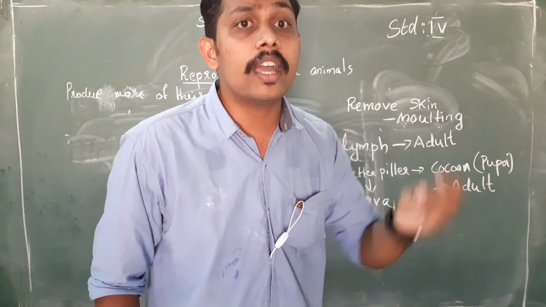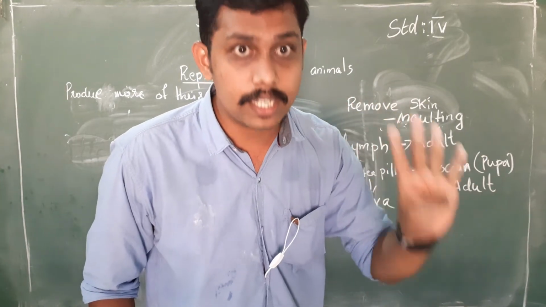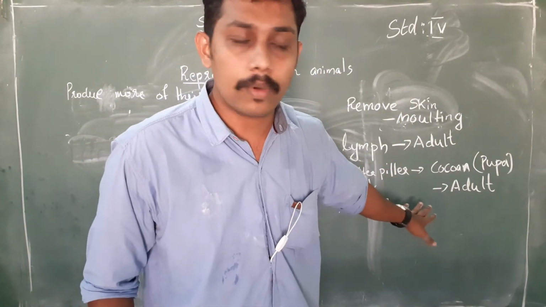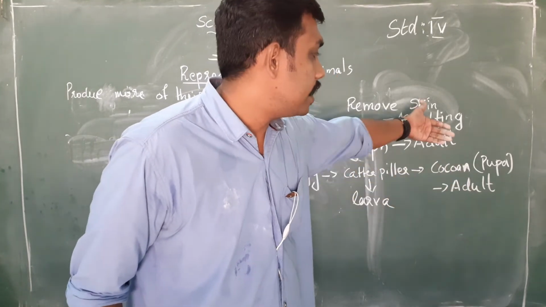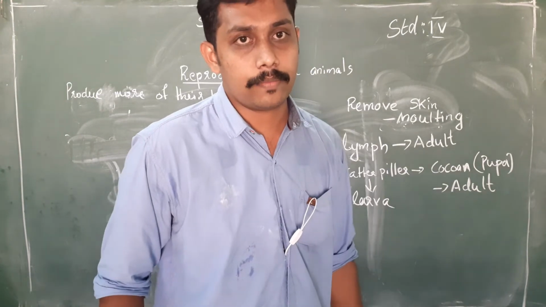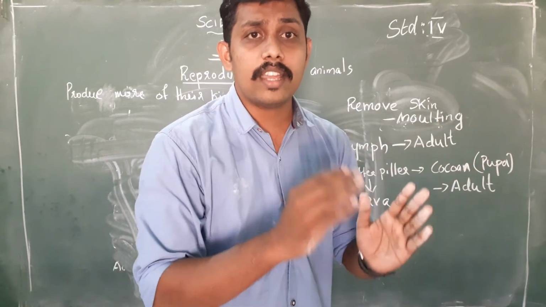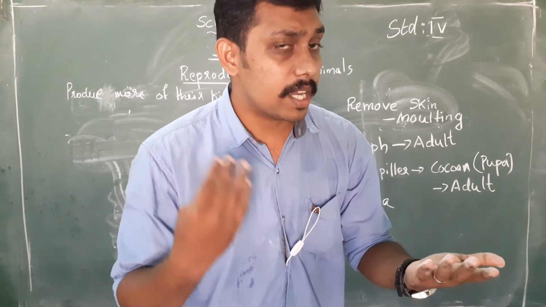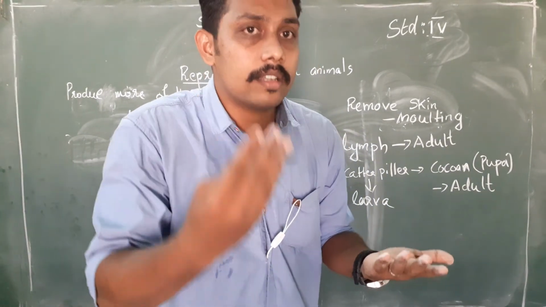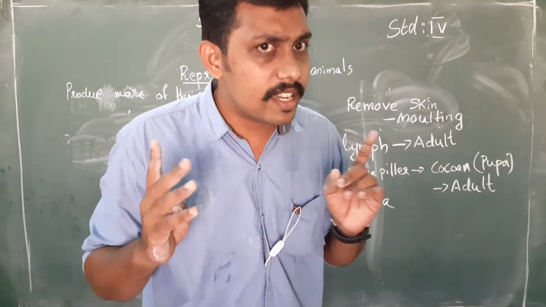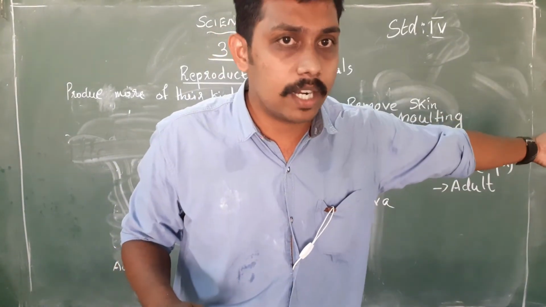Okay, then next the butterfly. It has 4 developmental stages. First one is egg, second one is larva or caterpillar, third one is cocoon, and it becomes what? Adult butterfly. So from the egg, the living thing comes out by the process of hatching, and that living thing is called larva. It is entirely different from the adult butterfly.